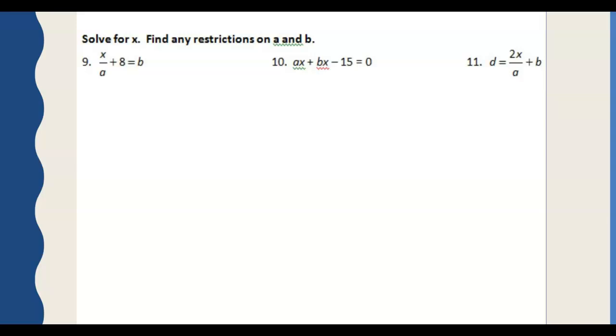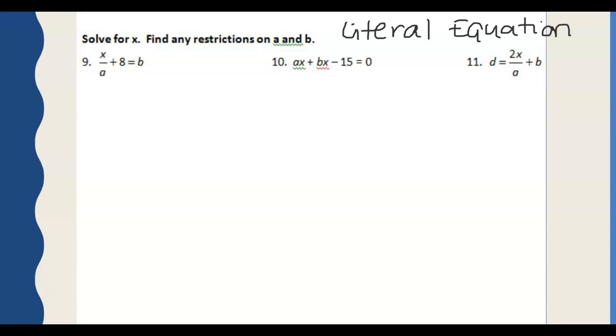All right, so a big part of solving equations is solving equations that don't equal a number. When you solve an equation that doesn't equal a number, it is called a literal equation. Literal equations are equations that do not equal numbers.